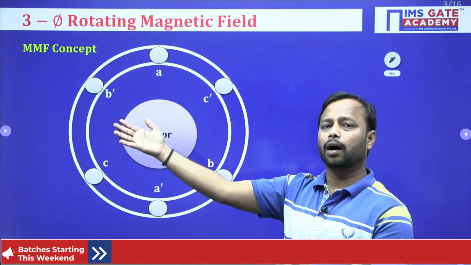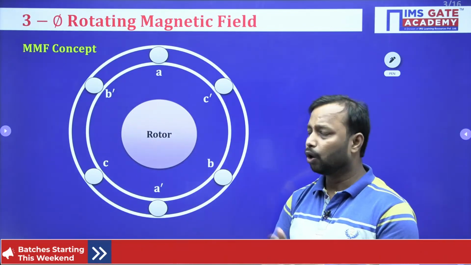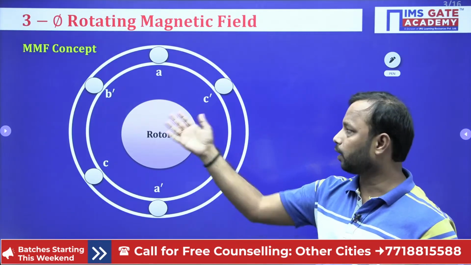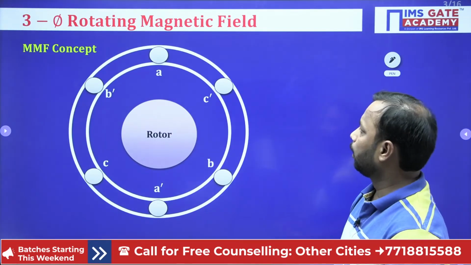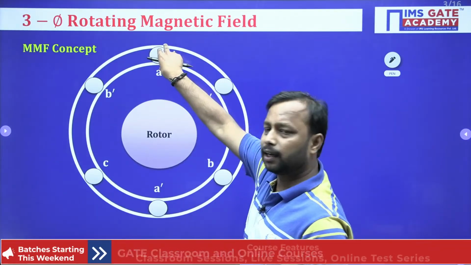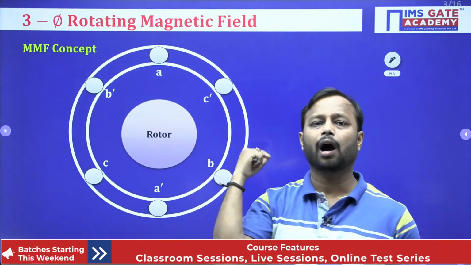If the magnetic field is not rotated, the EMF will not be induced. How this magnetic field is going to rotate by itself, that I will let you know. So I will assume that this conductor A carries the current in the outward direction.